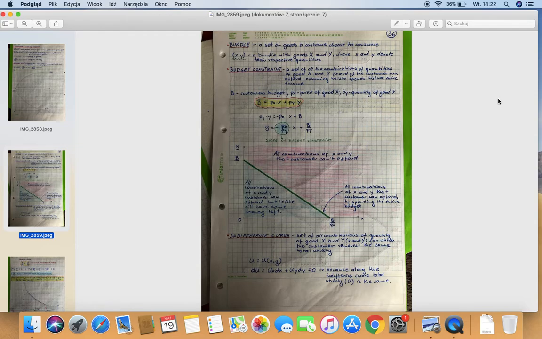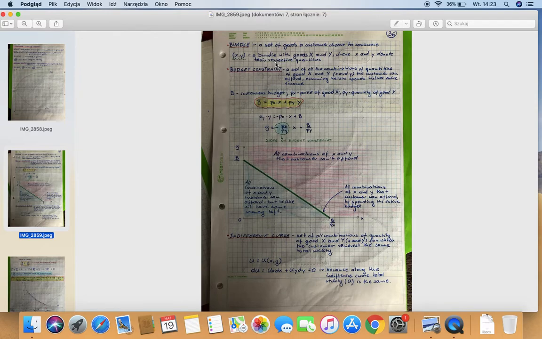The bundle we will be denoting as (x, y), where x is the quantity of good x consumed and y is the quantity of good y consumed. So this ordered pair (x, y) tells you how many units of good X the customer consumed, and how many units of good Y the customer consumed.